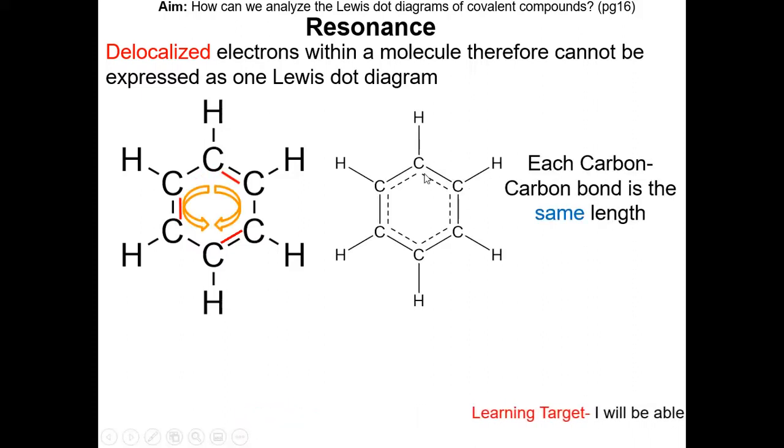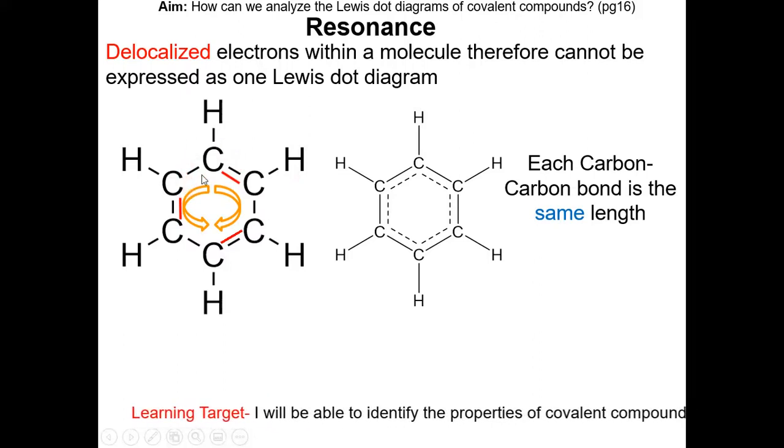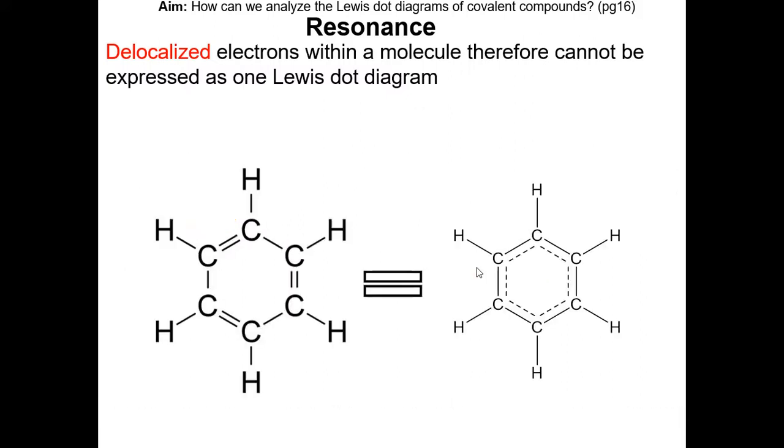As a result, the carbon-carbon bond is actually the same length within benzene. Even though if you look at the Lewis dot diagram, it has a double and single bond, and you know the double bond is shorter than a single bond, because of resonance, each carbon-carbon bond is actually the same length. So it's not exactly a single bond or a double bond, but somewhere in between. Sometimes people draw the Lewis dot diagram of resonant compounds using dashed lines instead of a full bond.